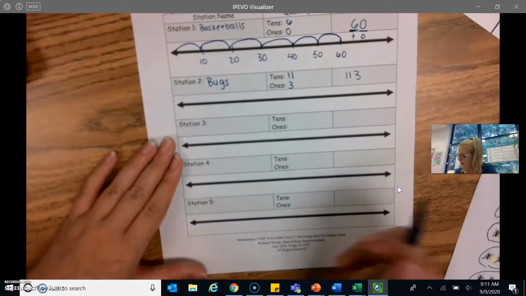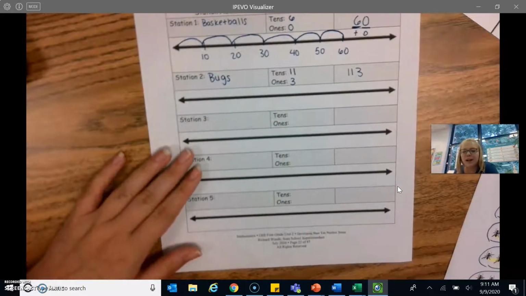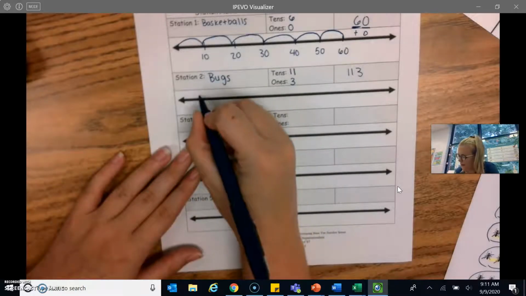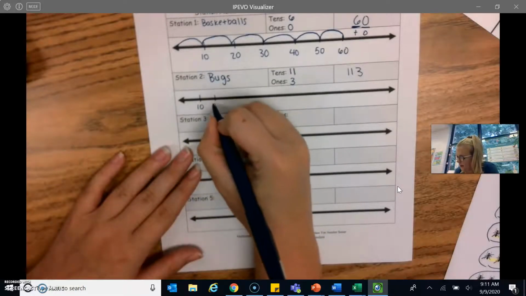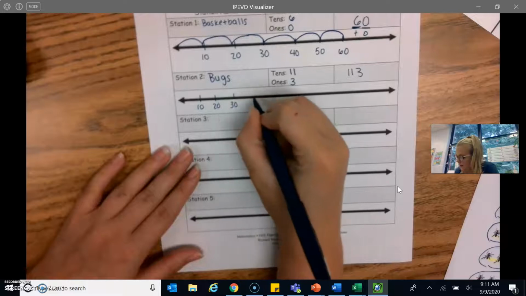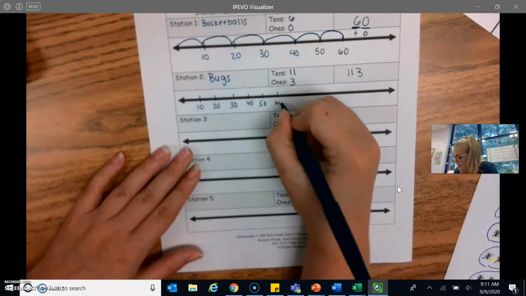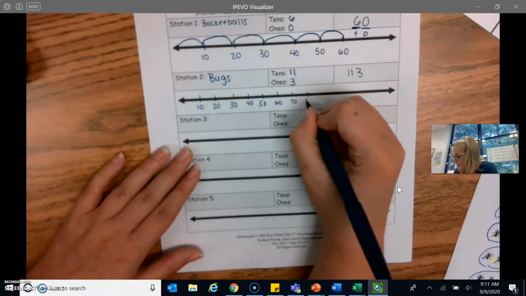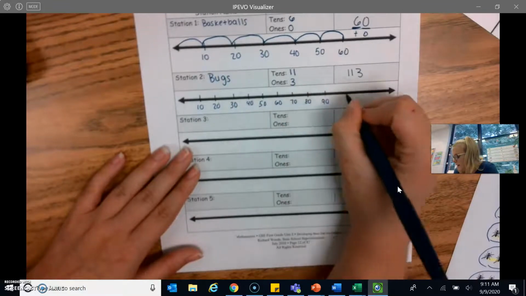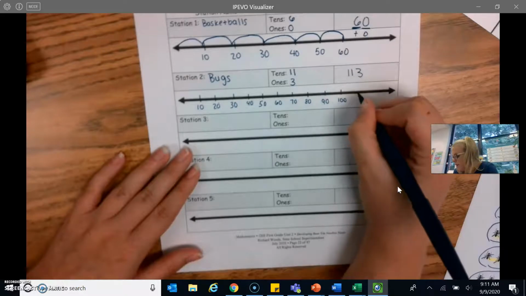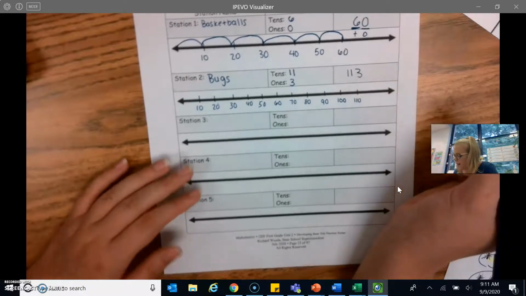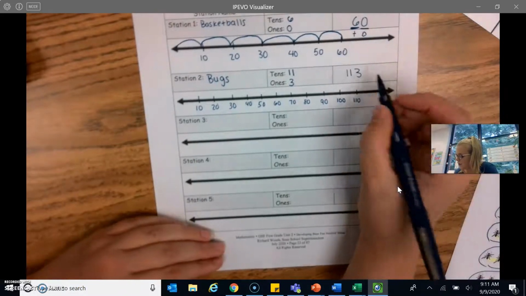So now let's skip count. What did I count by? So I counted by tens. So 10, 20, 30, 40, 50, 60, 70, 80, 90, 100, 110. Can I go to 120?